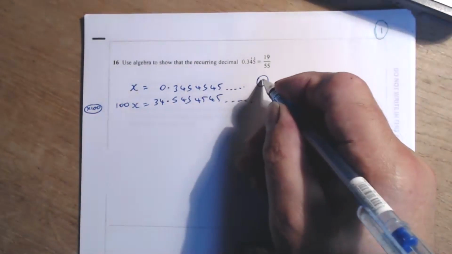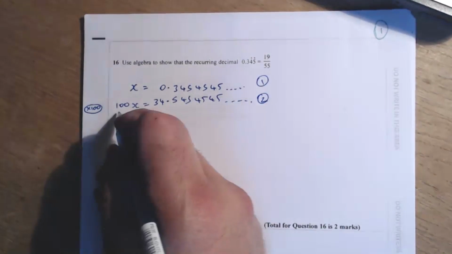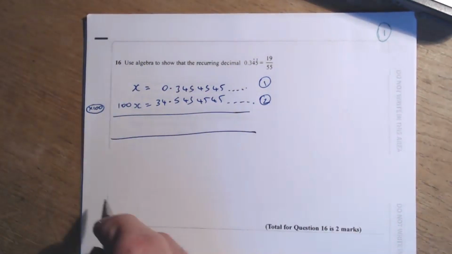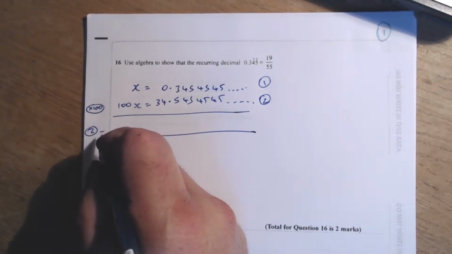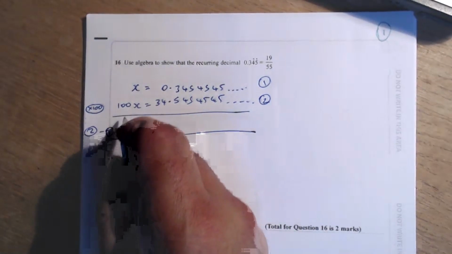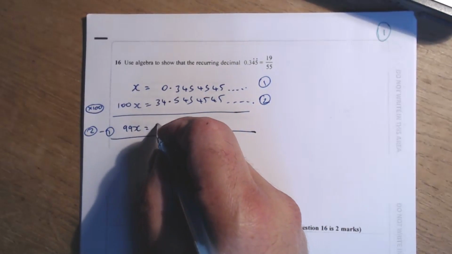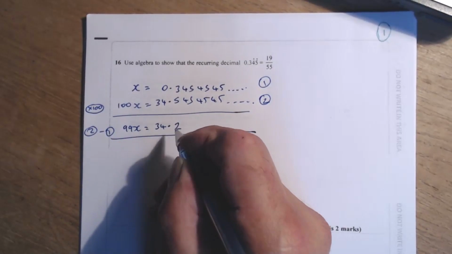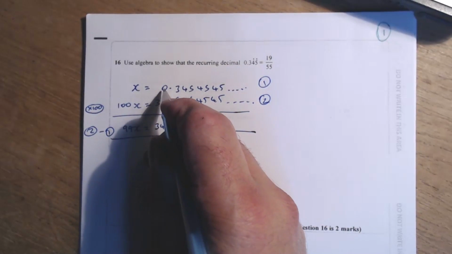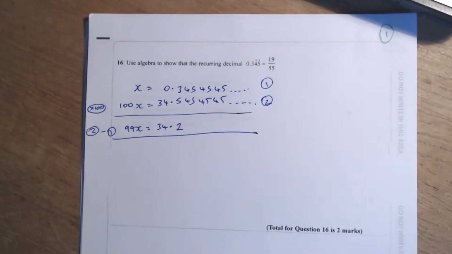If we call this equation 1 and this equation 2, we do equation 2 take away equation 1, the bottom one take away the top one, and you'll see that we get 99x equals 34.2, because it's 34 take away 0 and 5 take away 3.